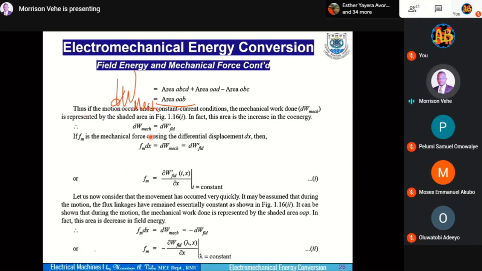So if the motion occurs under constant current conditions, mechanical work done is represented by the shaded area, like we're saying, AB.